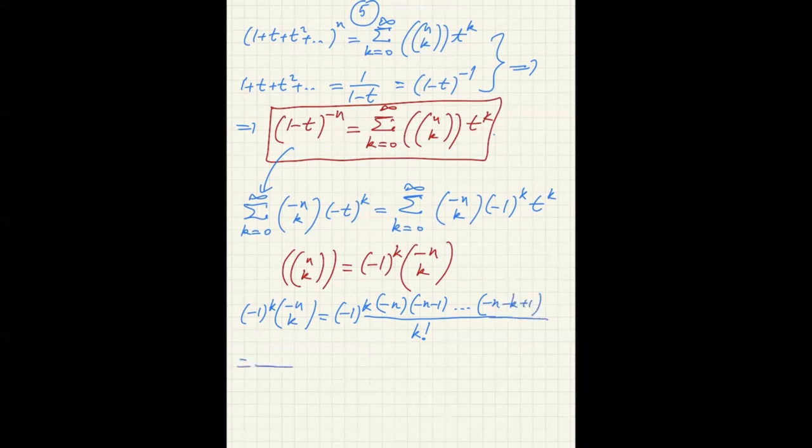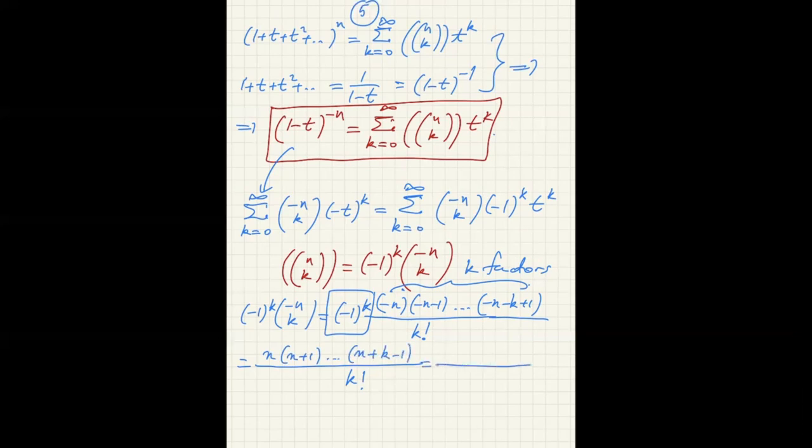And now, here's what we're going to do. On the top, we have k factors here, and each of them is a negative of something. So we're going to write each of them as minus whatever the number is, and we're going to catch a minus 1 to the k from those k factors. And that minus 1 to the k is going to meet with the minus 1 to the k from the front, and they're going to become a 1. And on the top, we're going to get n times n plus 1 all the way to n plus k minus 1.